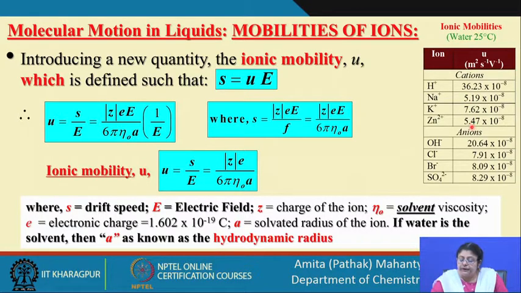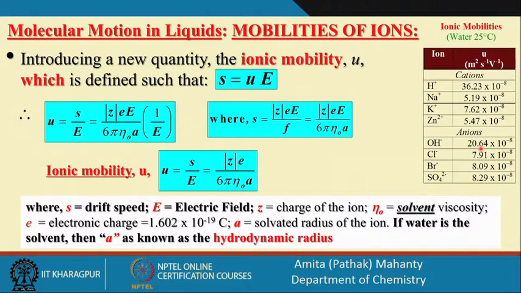Okay. Now, when we look at the anions, just have a look at the type of anions which we have: chloride, bromide, sulphate and the hydroxyl ion. The order of the mobilities is all 10 to the -8. The unit is meter square, second inverse and volt inverse.